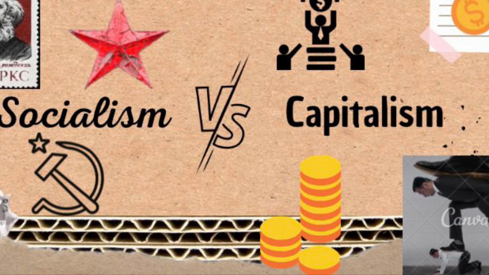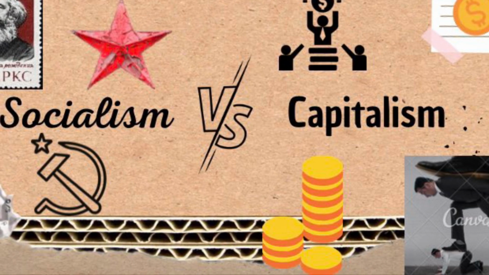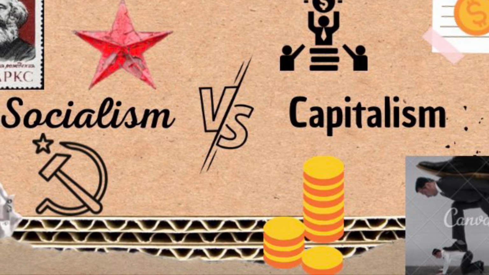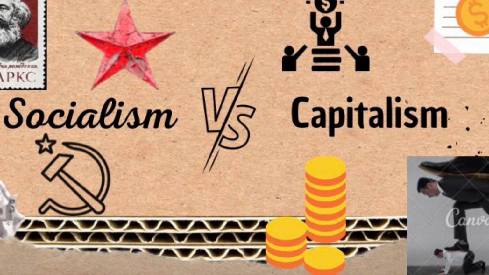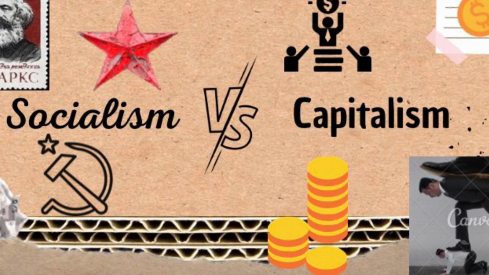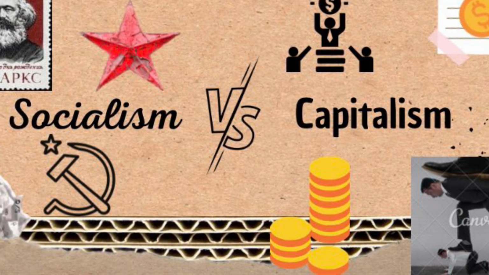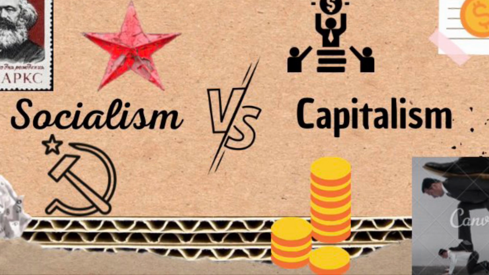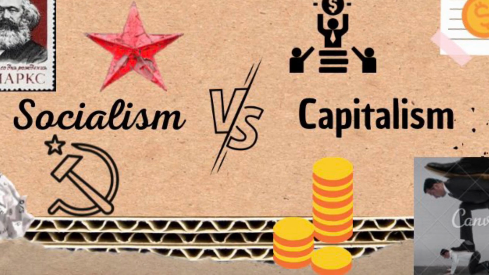Socialism, on the other hand, is an economic and political system under which the means of production are publicly owned. Production and consumer prices are controlled by the government to best meet the needs of the people. The idea for this system came from Karl Marx and Friedrich Engels' Manifesto of the Communist Party, 1848, when they proclaimed that in socialist society the condition for free development of each is the free development of all.